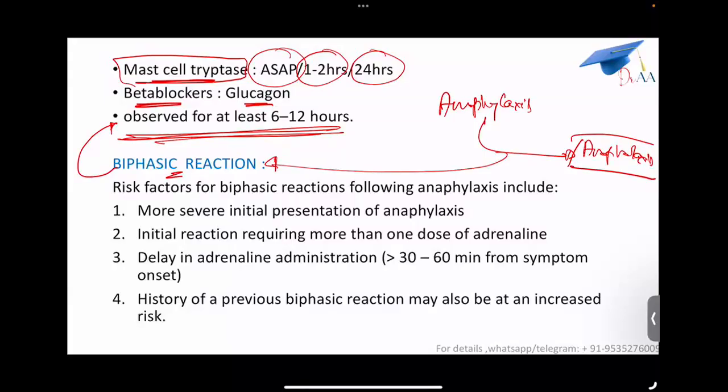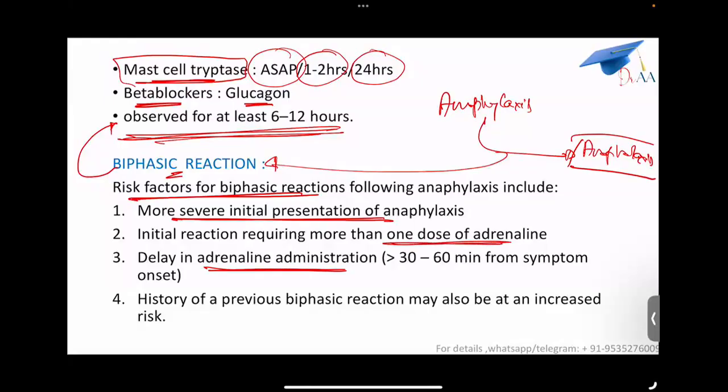What are the risk factors for biphasic reaction? Again, it is important, as said previously. More severe initial presentation of anaphylaxis. This means the patient is in severe shock, requires oxygen or, if not, intubation. More than 1 dose of adrenaline IM is required. Delay in adrenaline administration.